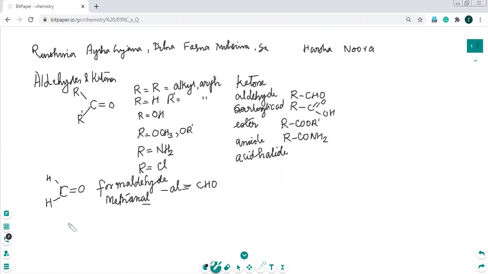Now replace one of them with CH3. This is H. This we call ethanal, or the common name is acetaldehyde.